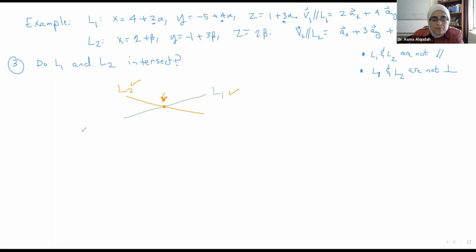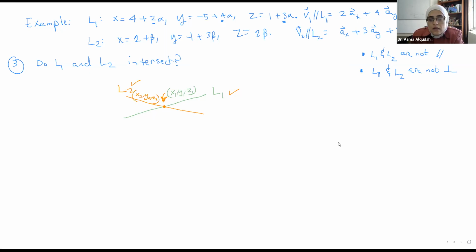Let's call the coordinates of this point on L1 x1, y1, and z1. And this same point lies on L2, so it should take the coordinates x2, y2, and z2.